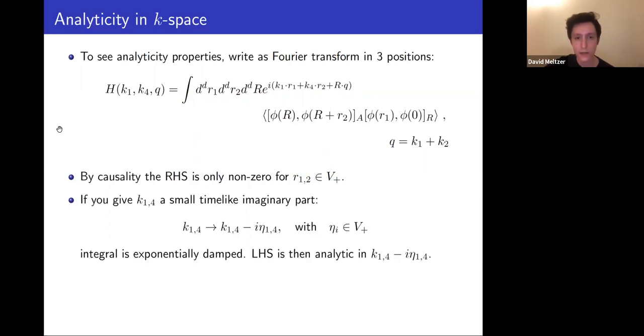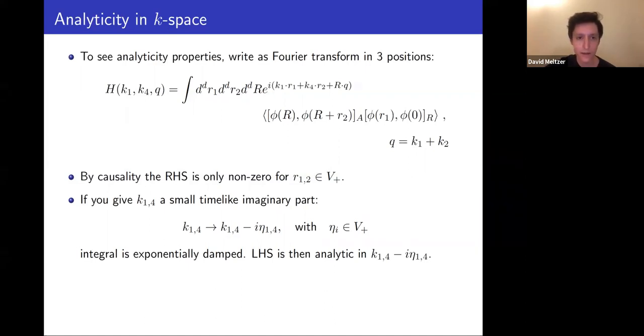So what we can do is give K1 and K4 a time-like imaginary part. So I just make this replacement and I choose my vector eta to lie in the forward light cone. And if I do that, then I find this integral is exponentially damped because R1 and R2 are restricted also to the forward light cone.